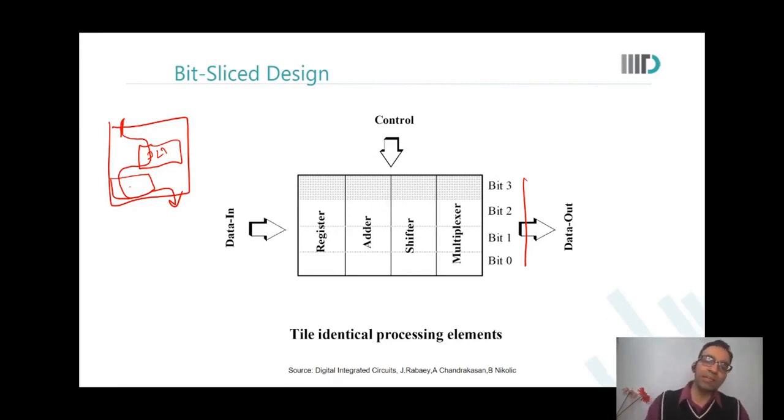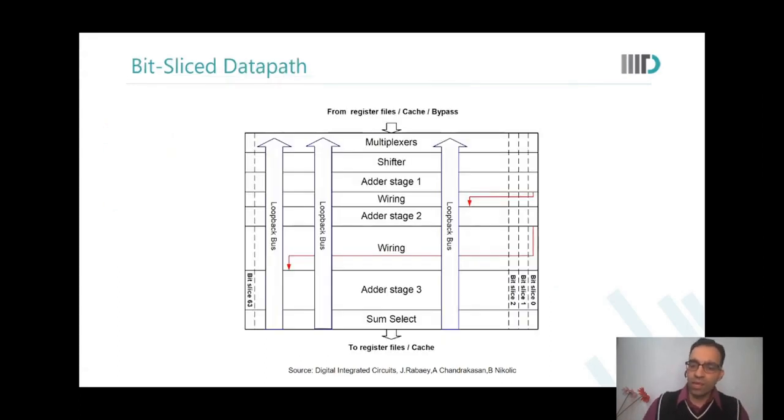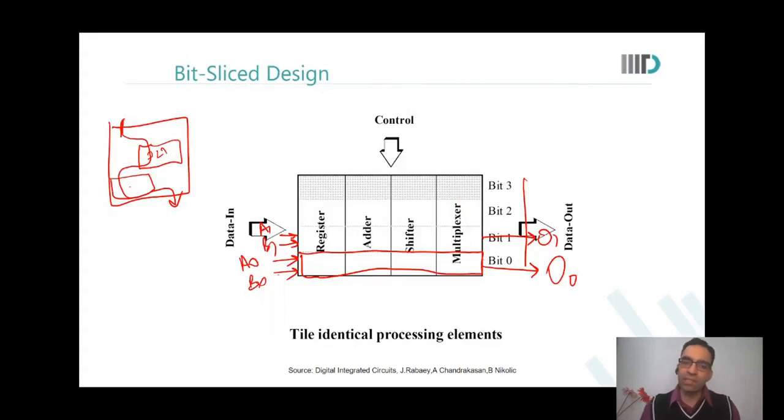So what is typically done is that data paths are designed as bit slices. So over here, you will have, let us say, A0, B0 going in, and that will result in the output O0. The next slice would have A1 and B1 going in, and the final output would be O1. So they are organized and arranged in such a way that data flow is kind of streamlined.